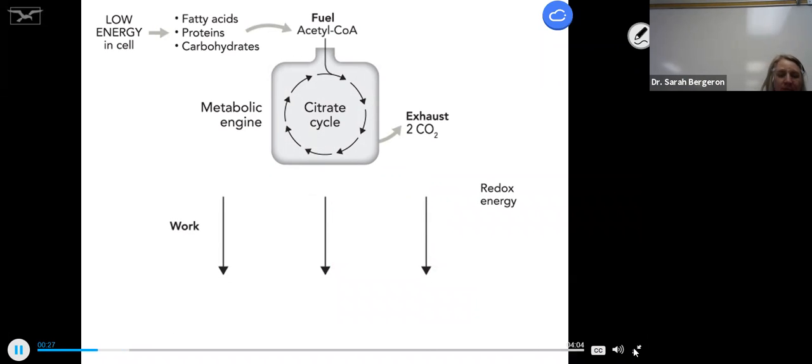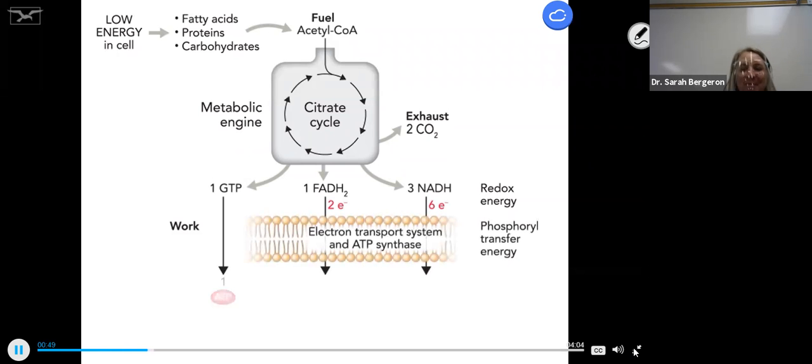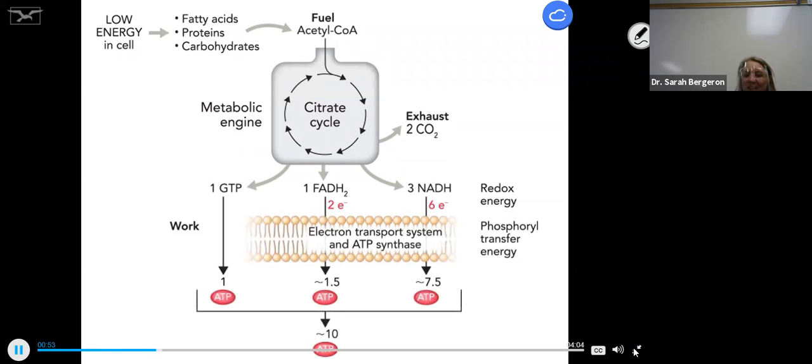In each turn of the citrate cycle, 1 acetyl-CoA is oxidized, and 8 electrons are transferred to 3 NADH and 1 FADH2. In the process, 1 GTP is also produced by direct phosphorylation of GDP. The NADH and FADH2 are used to power the electron transport system, resulting in the production of approximately 10 ATP for each acetyl-CoA that enters the citrate cycle.